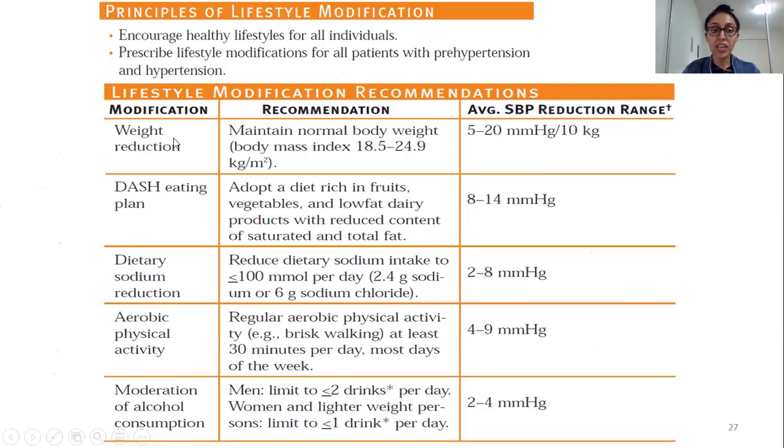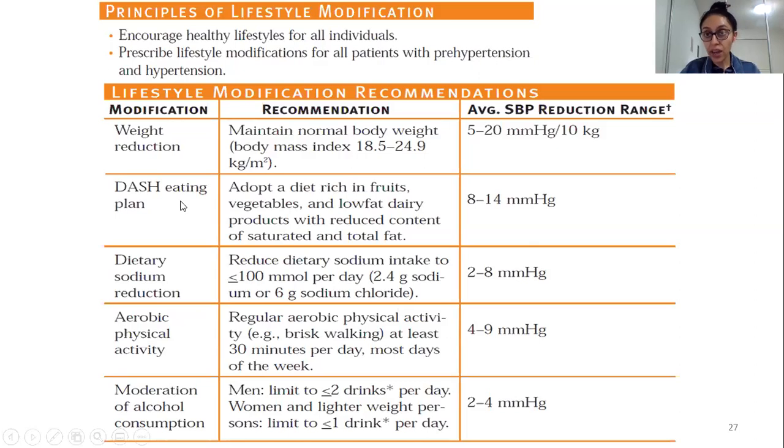So the best thing is, and as you may appreciate, and as we have discussed in the obesity lecture and diabetes lecture, that yes, when you have weight reduction, you definitely will have a reduction in blood pressure as well. All right. So yes, if the individual is suffering from hypertension, the best thing which has been shown to address lifestyle modifications for managing hypertension is your weight reduction.